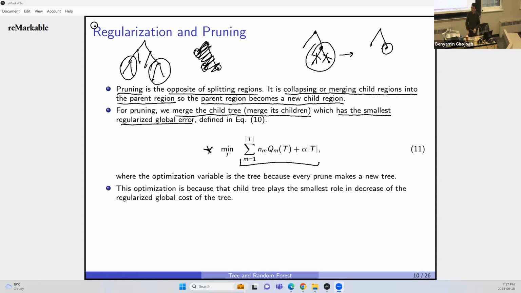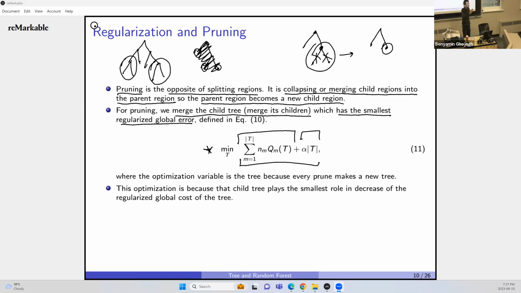This global error for a tree, consider a tree. I want this global error to be minimized. Why? This is the mean squared error of the estimation of the labels, and this is the amount of overfitting. I want both of them to be reduced. Both the mean squared error of the estimation and the overfitting should be reduced.